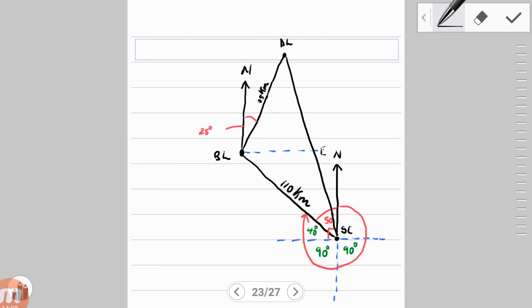Okay, so how do we go about doing this? Clearly we are looking at a triangle that is non-right angled. So far there isn't any indication of any 90 degrees within the diagram, so we are going to need to find some useful angles.